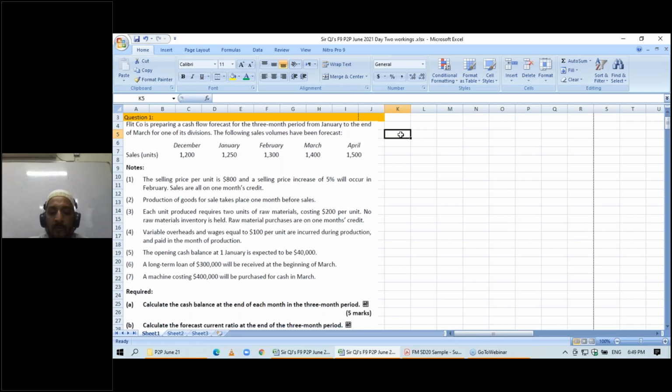I'm making the pro forma until you are reading the question. So keep a calculator also in your hand, so that you can keep on working together with me, and we can do it at a faster rate.